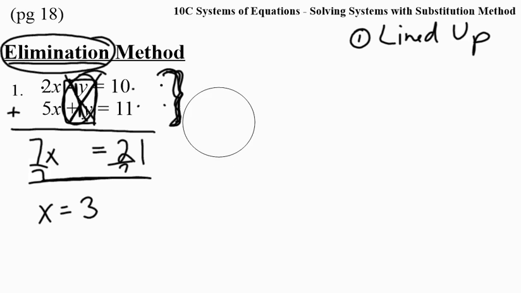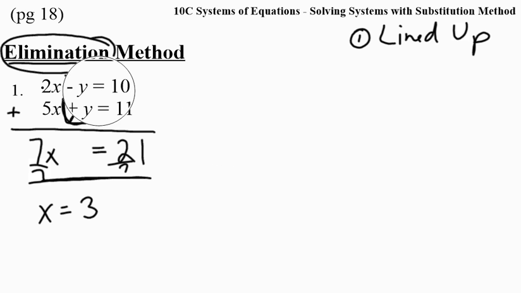So that's the elimination method, where you want to eliminate one of the terms, the x terms or the y terms. It's not always going to be quite this straightforward, but simply by adding the two equations together here, the x's gave us 7x, but the y's canceled, and that's what makes it nice.